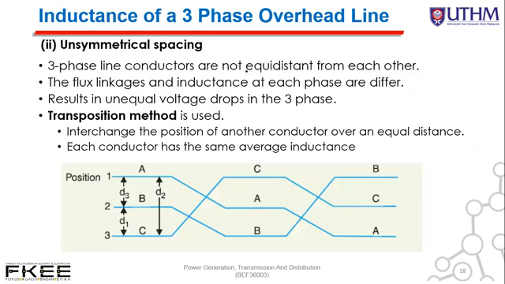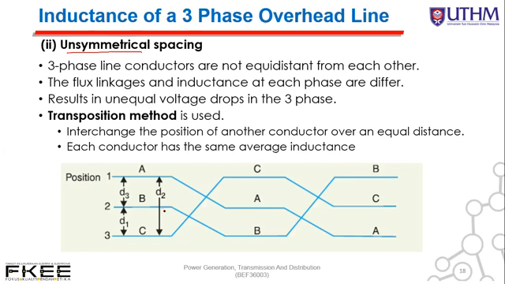Let's see what happens if the spacing is unsymmetrical, like the case in this figure. We have three conductors A, B, C. The spacing between A and B is D3, B and C is D1, A and C is D2.